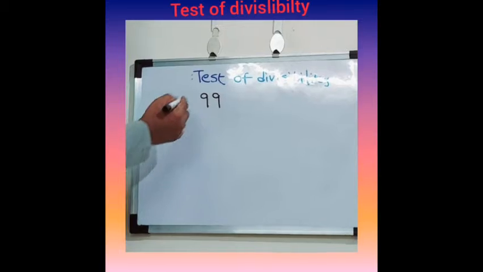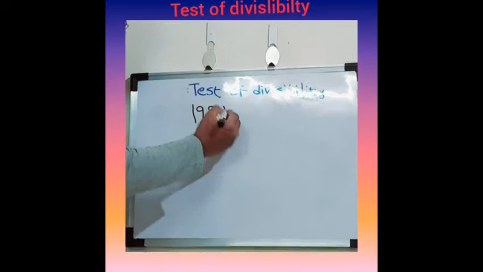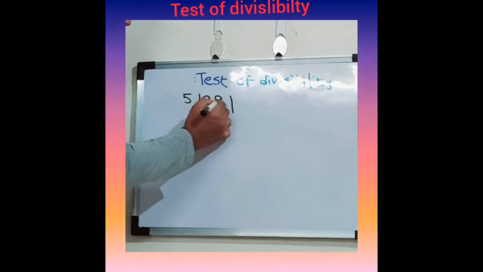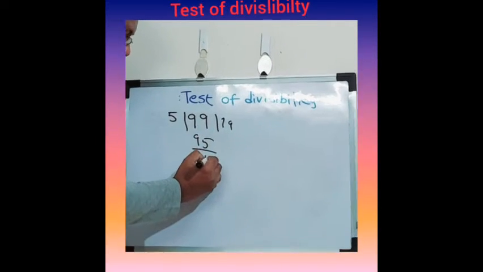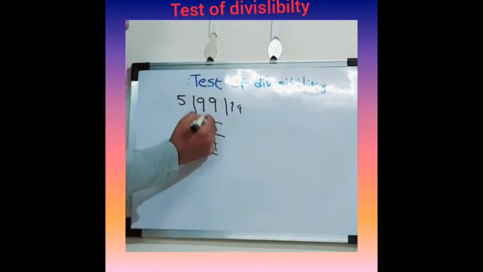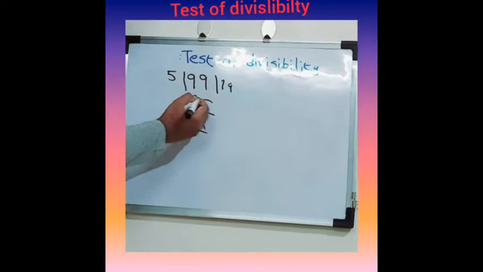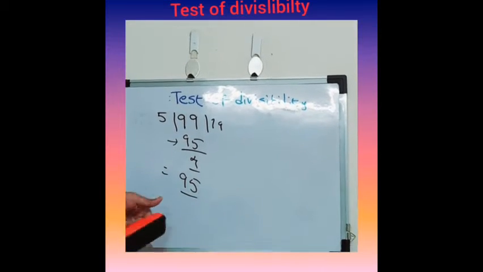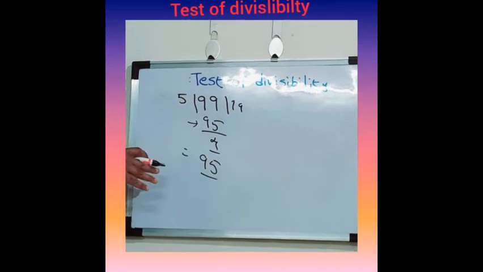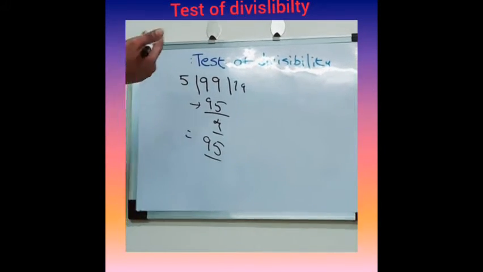Here, 99, so I will tell both logics. First, divide 99 by 5: 5 19s are 95, so the remainder is 4. When you subtract 4 from 99, the answer is 95. So the highest 2-digit number divisible by 5 is 95.